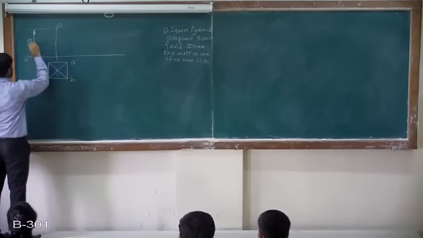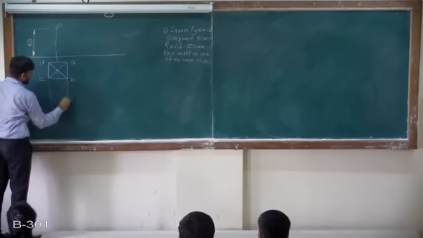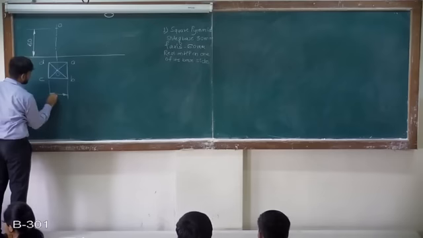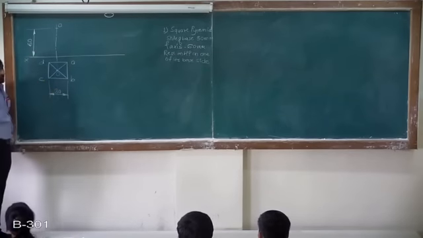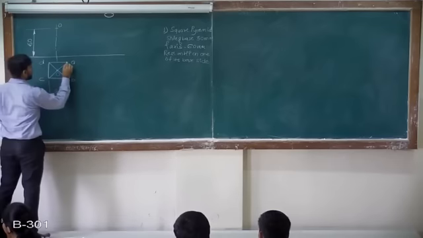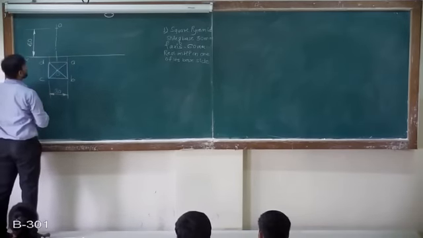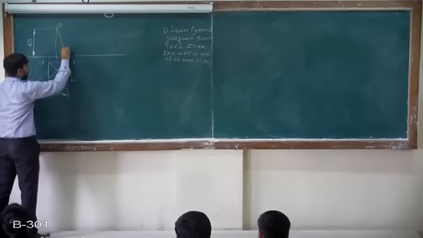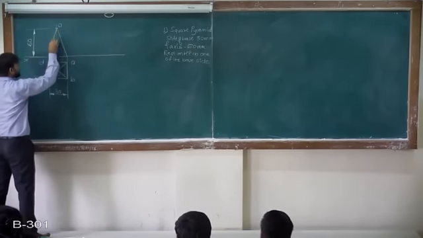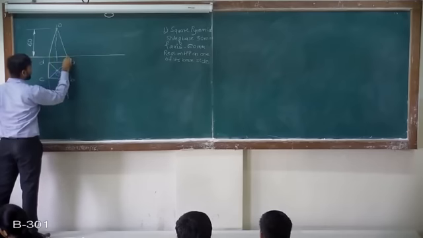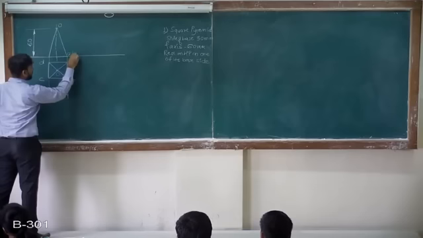This distance is 60. The side is 30. Now project AB and CD and join them. This point will be AB.